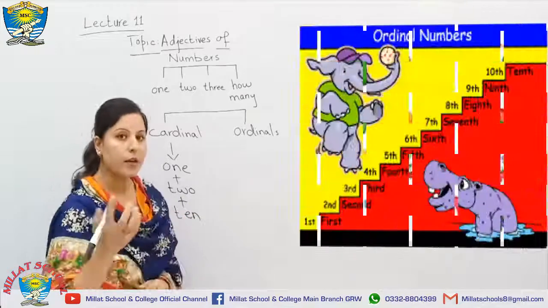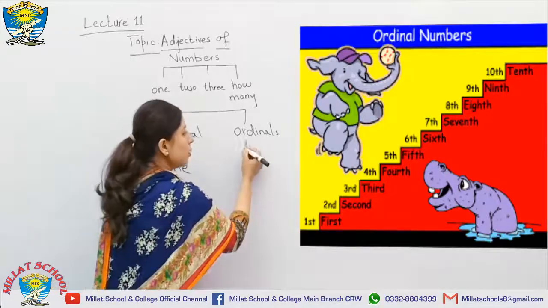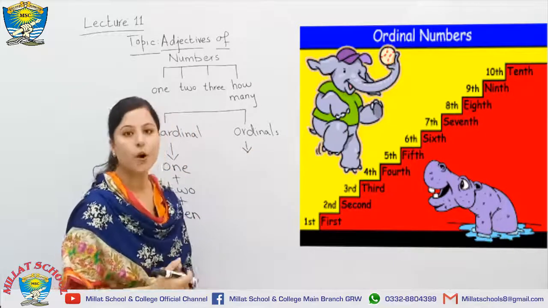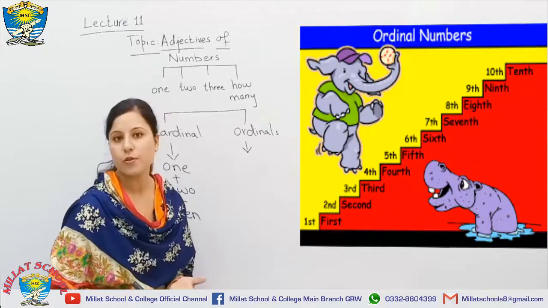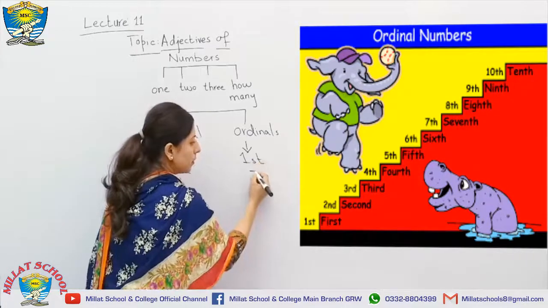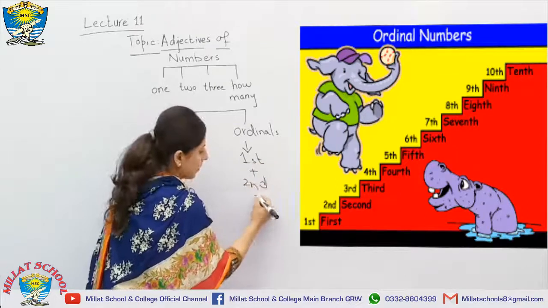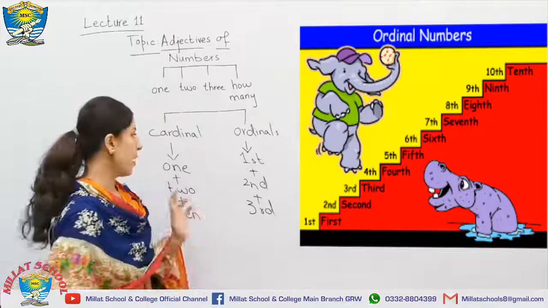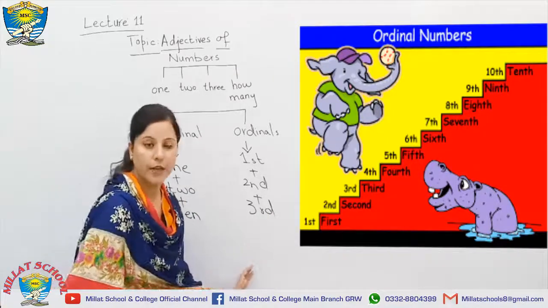And what are the ordinals? Ordinals could be in grades. You can use a grading system or you can use your positions also. For example, first, second and third. So these are your cardinals and these are the ordinals.